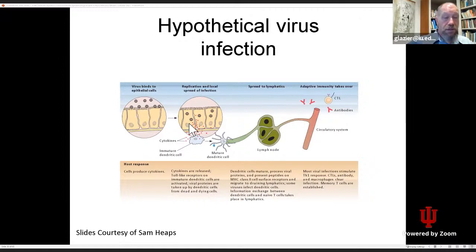The cells themselves, once they're infected, will send signals called cytokines that are telling immune cells that there's an infection. Those immune cells will then go to the lymph nodes and send signals to trigger the adaptive immune system. And eventually, the lymph nodes will send back to the tissue targeted immune cells and also antibodies.